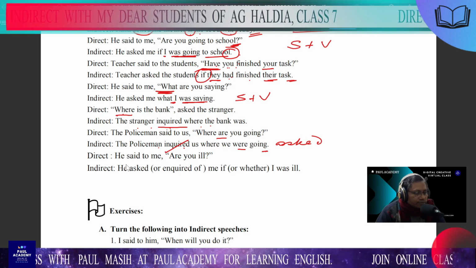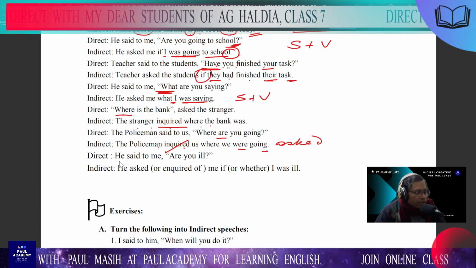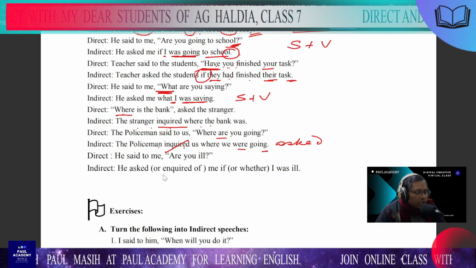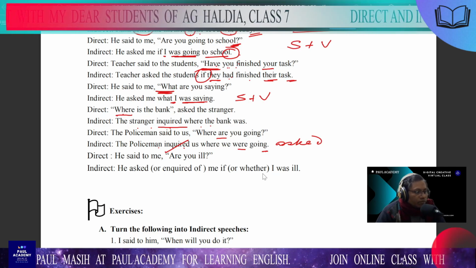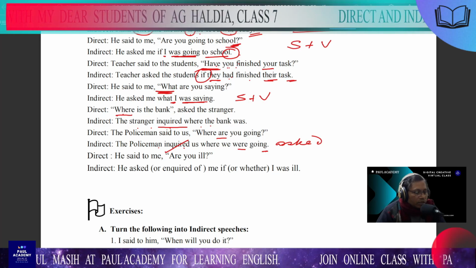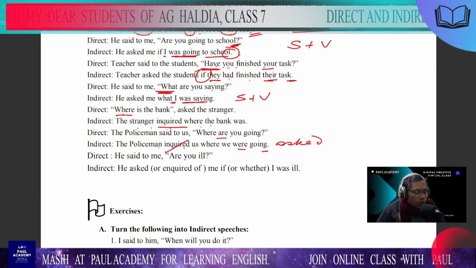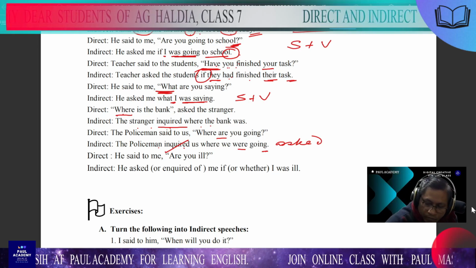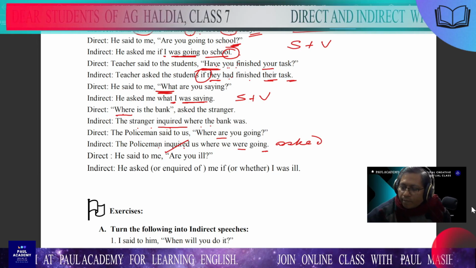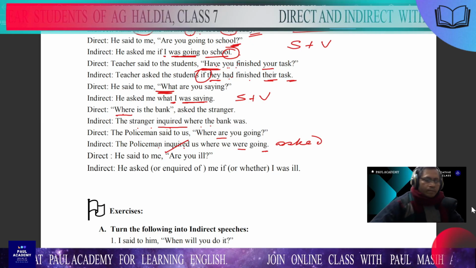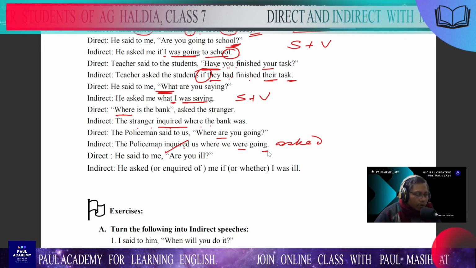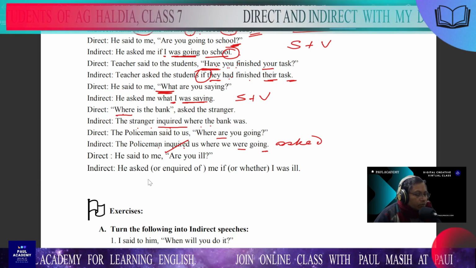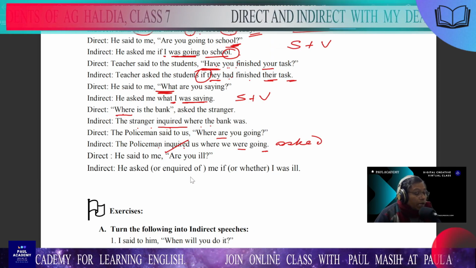Next is he said to me, "Are you ill?" He asked or inquired of me if I was ill. Okay, if I was ill, right? All right. So once again, if I was.